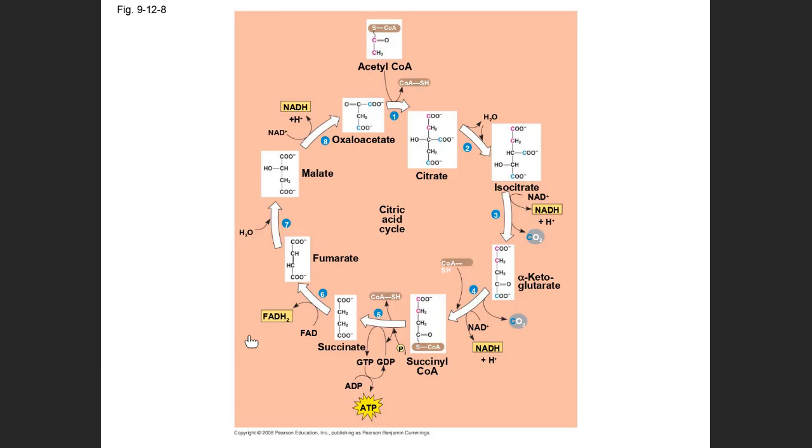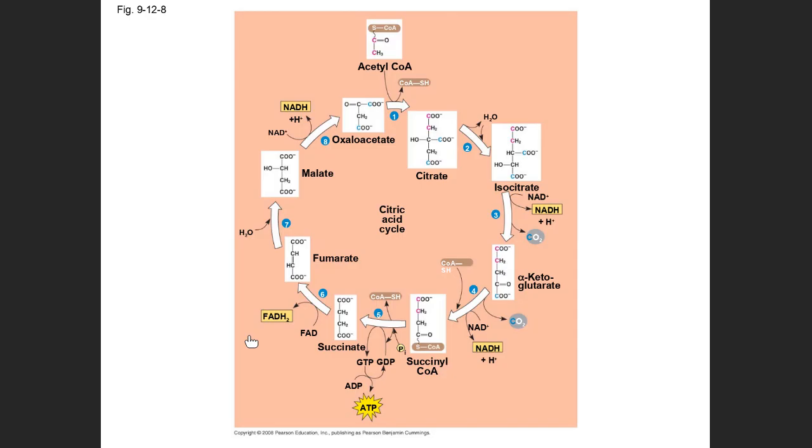How many were made in glycolysis? 2. Were any ATPs made in the intermediate step, the decarboxylation step? Nope. And how many ATPs are made in the Krebs cycle? 2, for a total of 4.